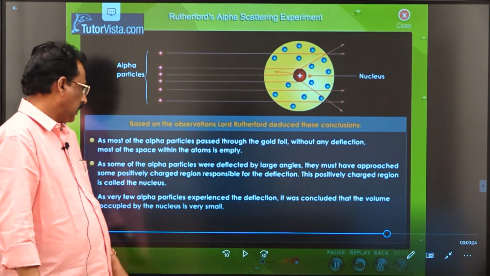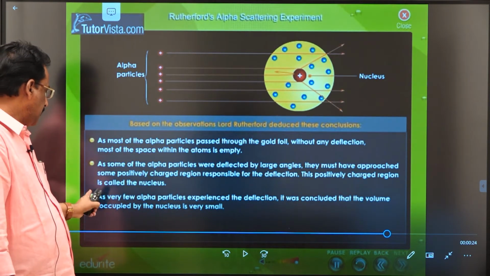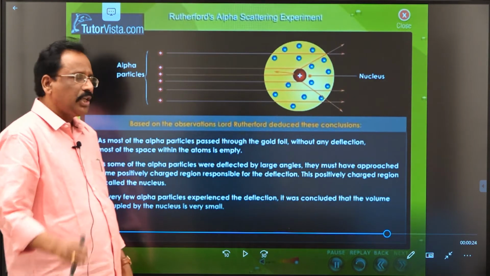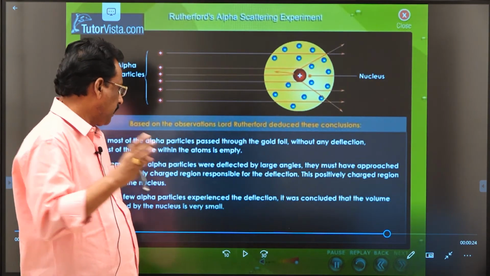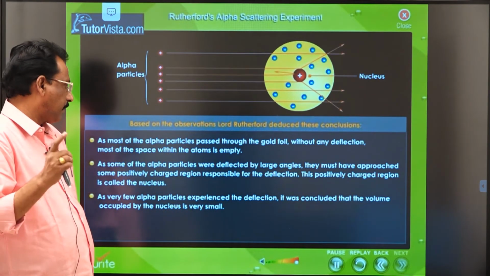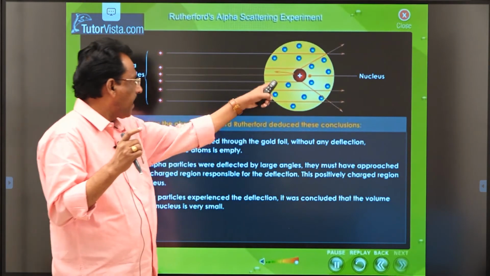Which he called the nucleus. And the third observation, a very important observation, is that very few alpha particles, that means 1 in 20,000 alpha particles, are deflected back.